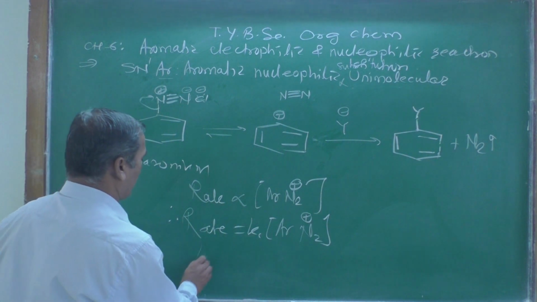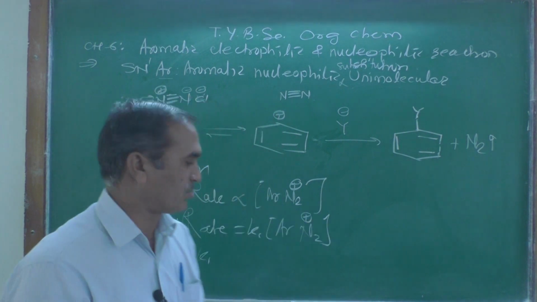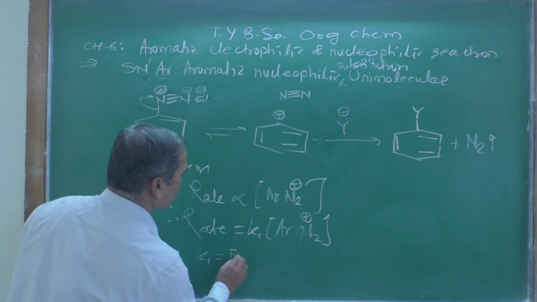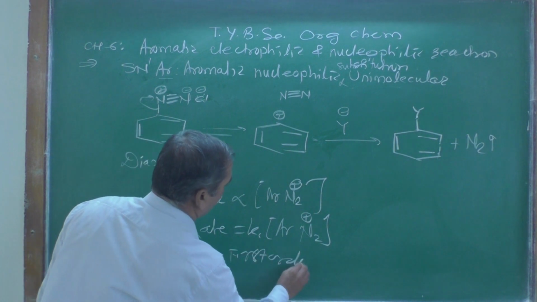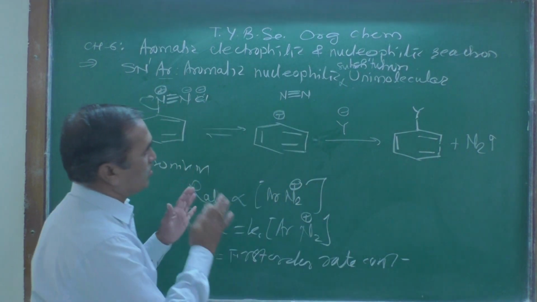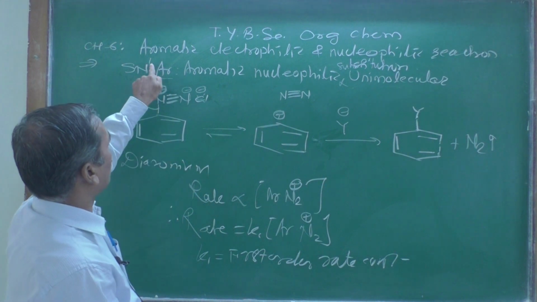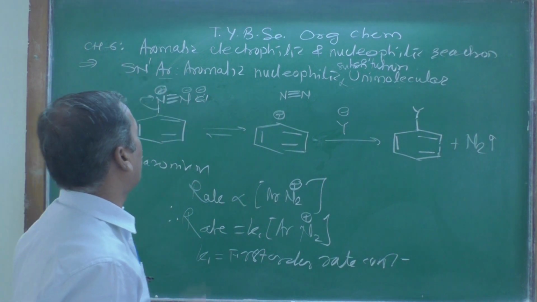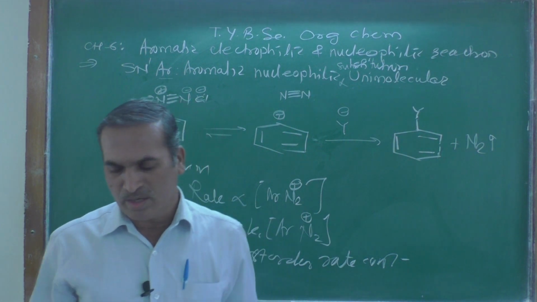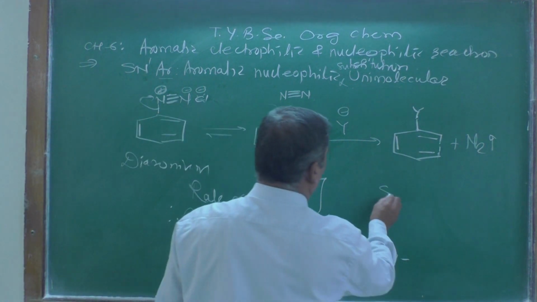Here K1 indicates the first order rate constant. So this kinetic study shows that it is 1. Why is 1 written over there? That is an aromatic nucleophilic substitution unimolecular reaction, and this shows a similarity with SN1.